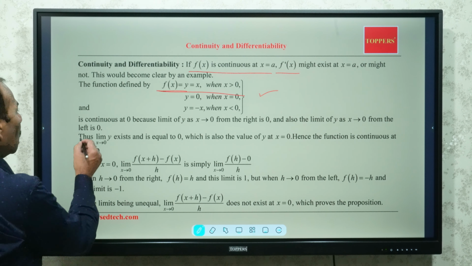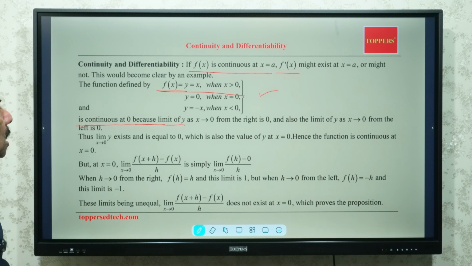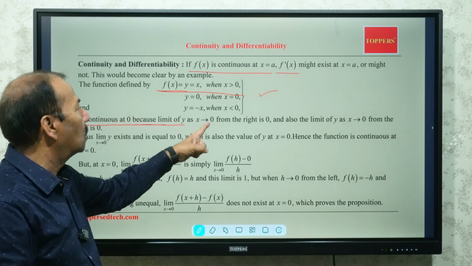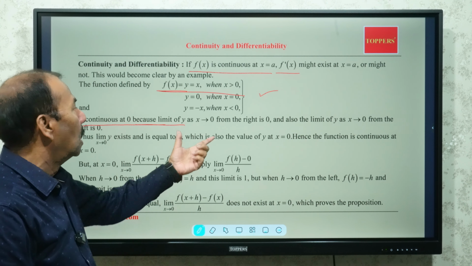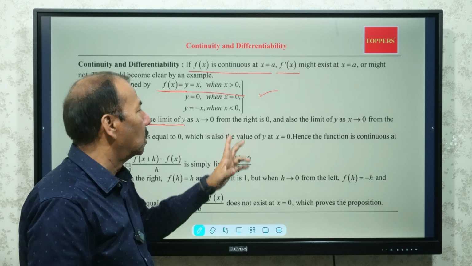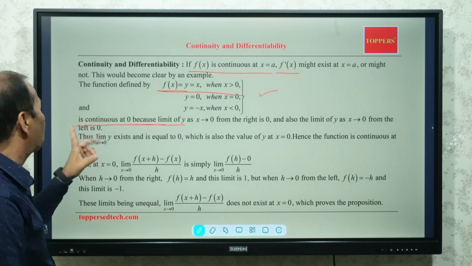So this function is continuous at x equal to 0, because if you calculate the limiting value when x tends to 0 from the right, the right hand limit exists and is equal to 0, and the left hand limit when x tends to 0 is also 0.